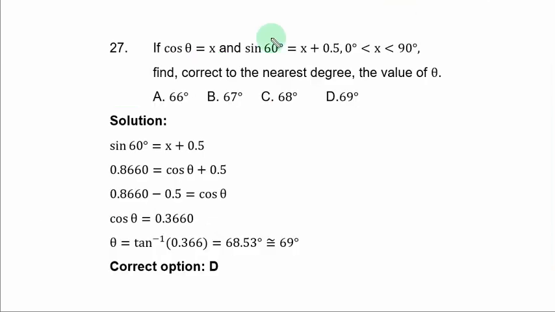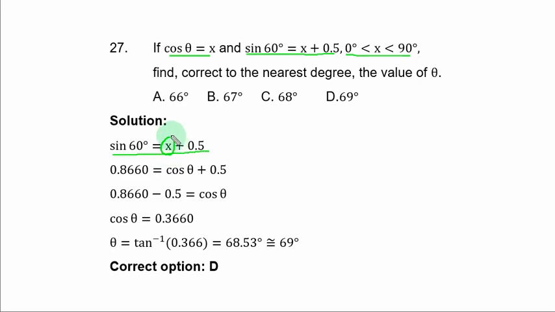Question 27. If cos theta is X and sine 60 degrees is X plus 0.5 over this range, find to the nearest degree the value of theta. You have this expression. Inside this expression, X is equal to cos theta.